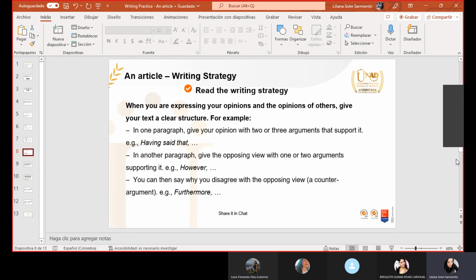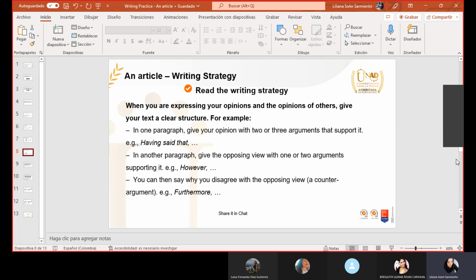The first tip: in one paragraph, give your opinion with two or three arguments that support it, e.g., having said that.